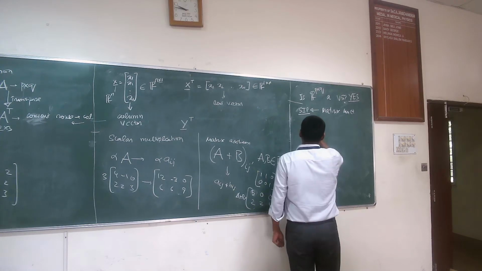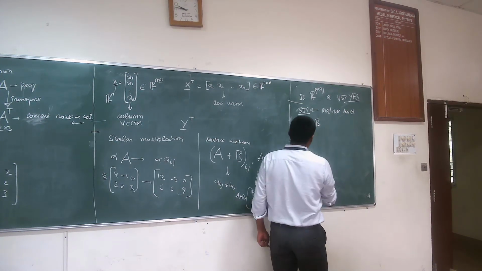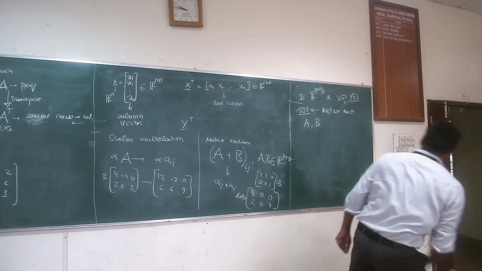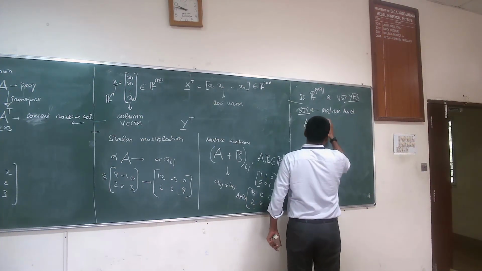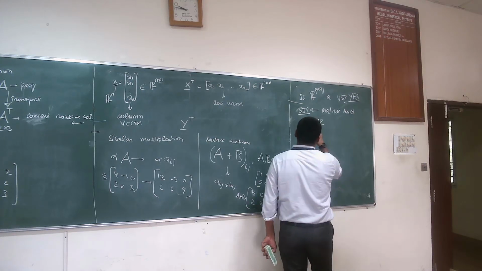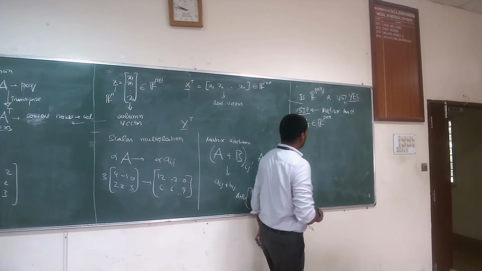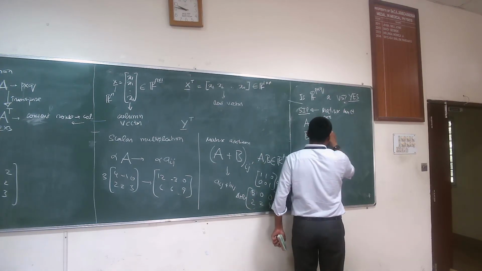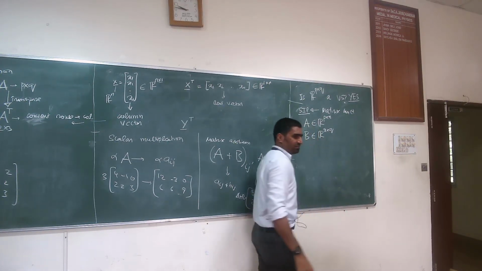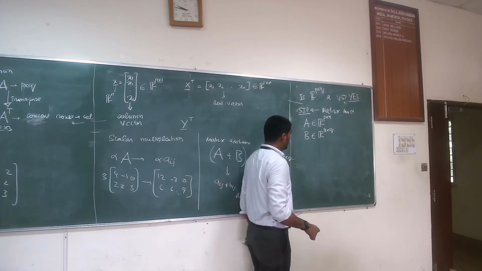If you have two matrices A and B, let's assume A is from R^(P×R) and B is from R^(R×Q). You have two matrices like this.